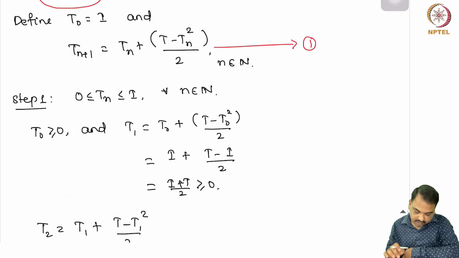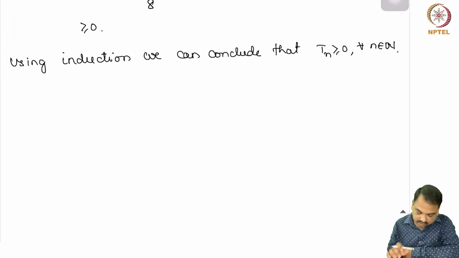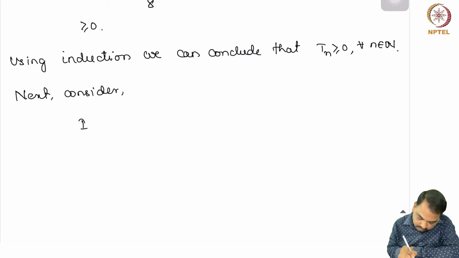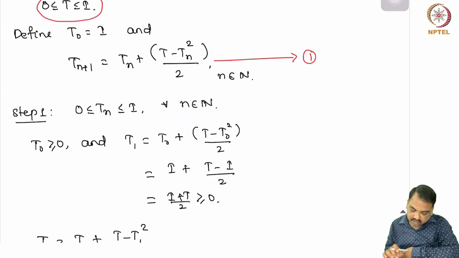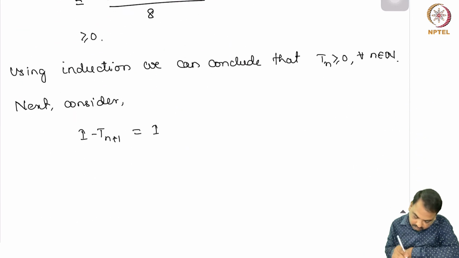Now we want to show that the Tn's are less than or equal to identity. So for that we have to look at I minus Tn. Next consider I minus Tn plus 1. By definition Tn plus 1 is defined as Tn plus (T minus Tn square) by 2. So this is I minus Tn minus (T minus Tn square) by 2.